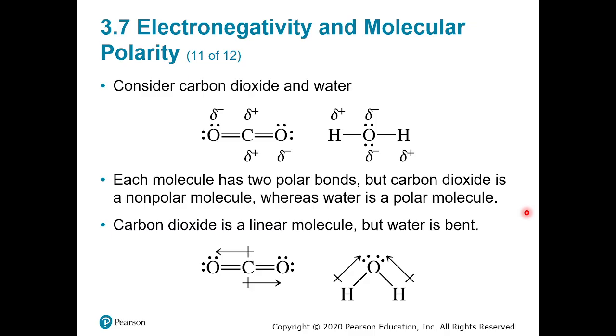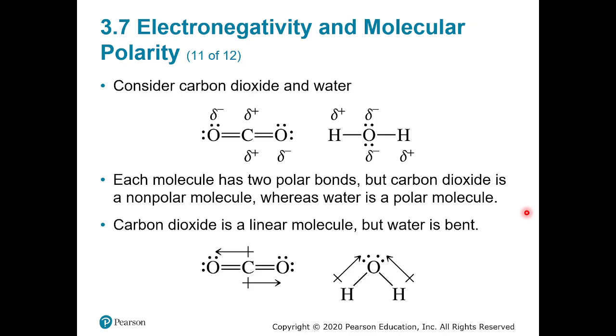Okay? So for example, CO2 here, this is a linear molecule. Now, the oxygens here, they would normally be negative, right? And the carbon would normally be positive. And so the bond poles are positive here, negative here. And that's true for this one as well. So it's negative on the oxygen, positive on the carbon again, isn't it?